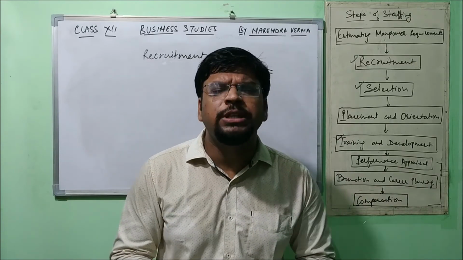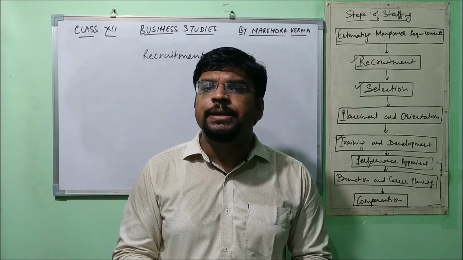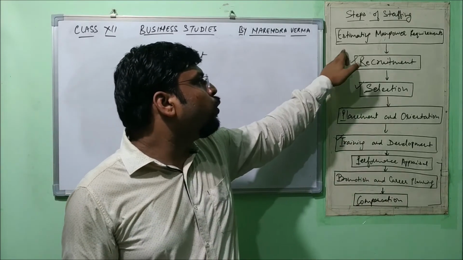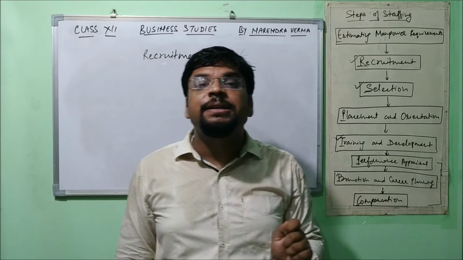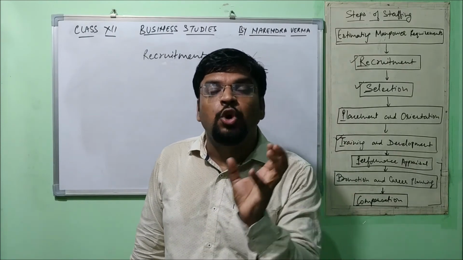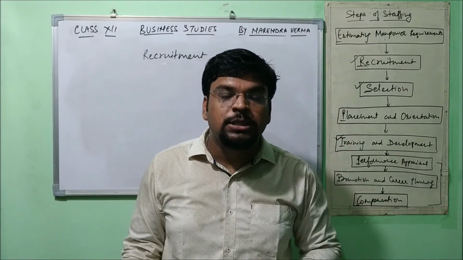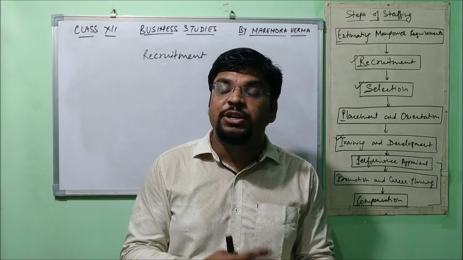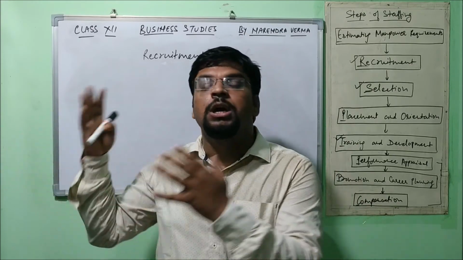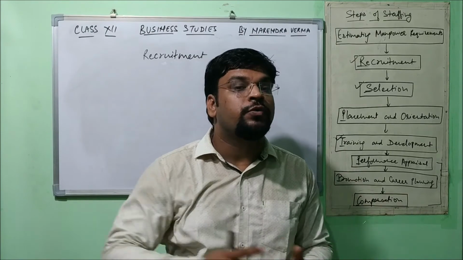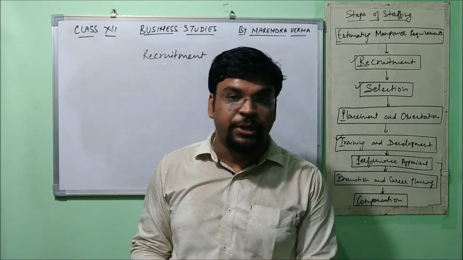Fine. One more thing I would like to explain here. In the first step, we came to know about writing the job profile, job description, means what the job is, what are the duties and responsibilities of a particular post, and what kind of specifications in terms of qualification, skills, experience are needed, right?